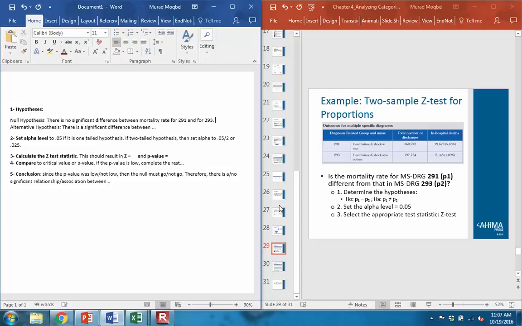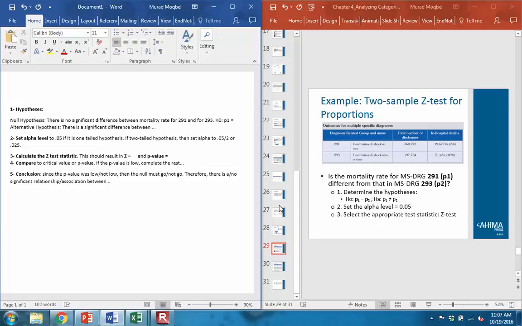So you can put that like what they did, or they put it here, proportion 1 equals, means they are not different. If we say they are equal, that means they are not different.